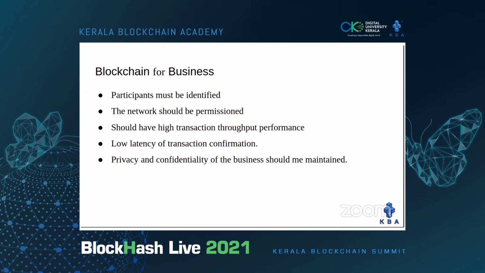Not every piece of information can be shared with the public, and privacy and confidentiality among the participants in the consortium should be maintained apart from doing the business. These are some important factors you need to consider if you are deploying blockchain for a business.